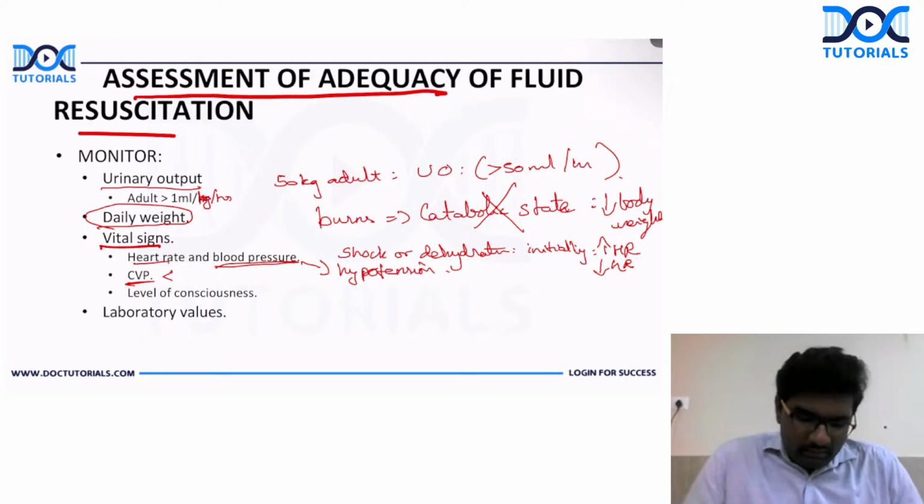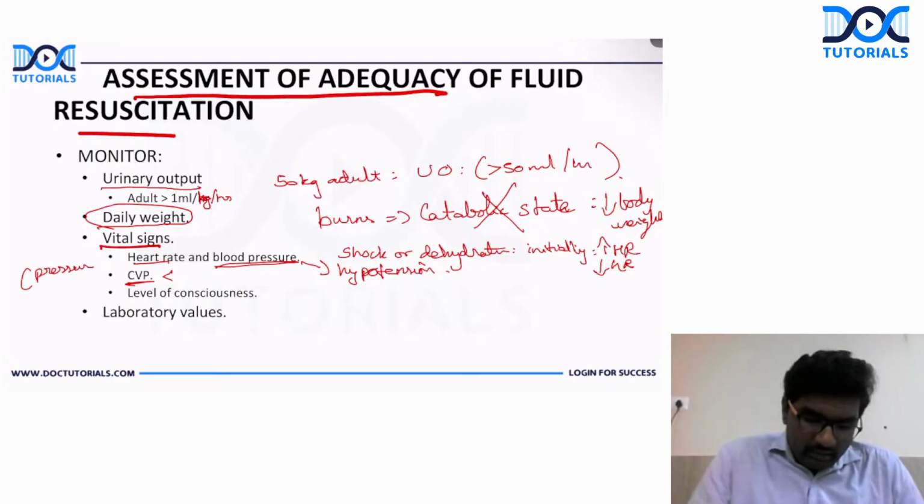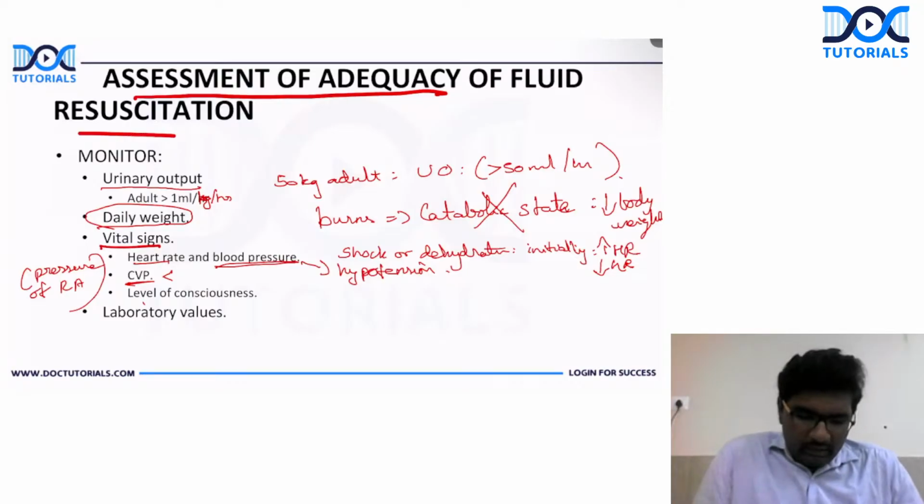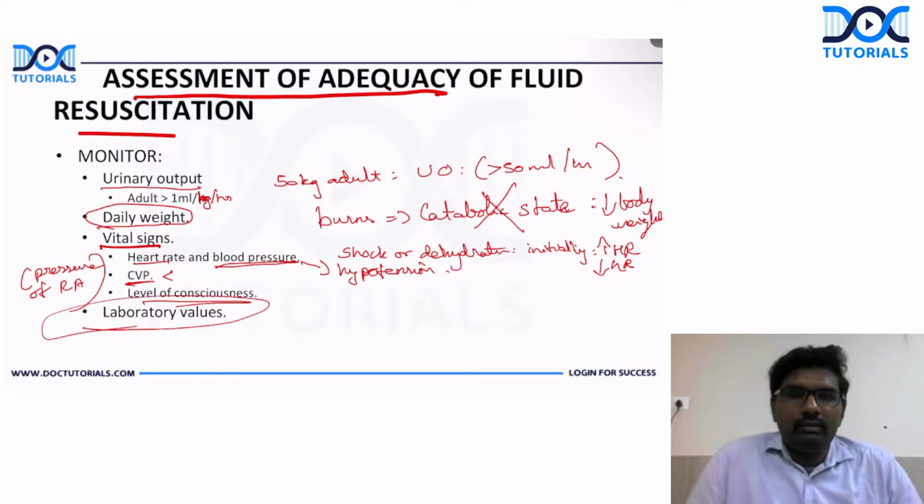CVP is indirectly considered as the measure of pressure in the right atrium. And of course, level of consciousness and laboratory values are all measured. And these parameters are useful for monitoring the treatment for burns.